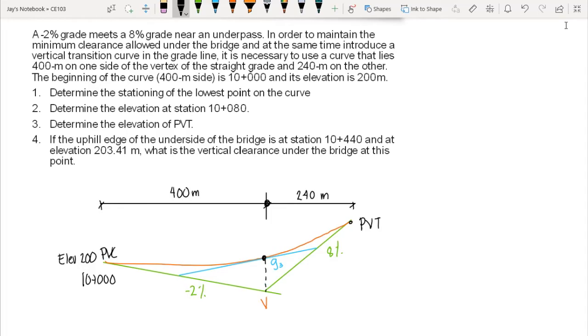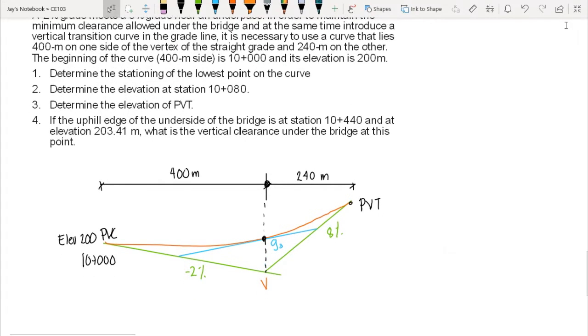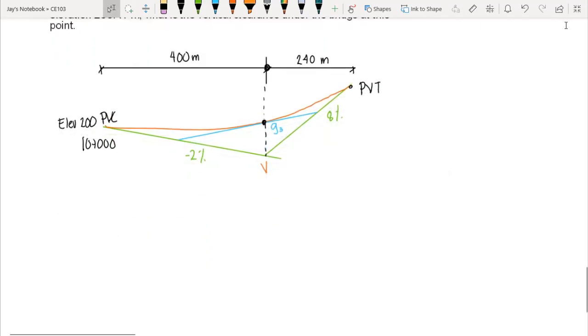At PVC, we have a negative 2%, so we go down from our reference line, and we have the coordinate negative 2. And then we go up because, as you can see, we have an increasing grade.